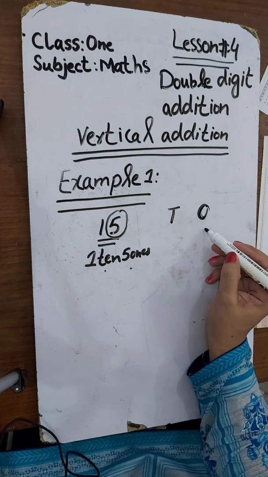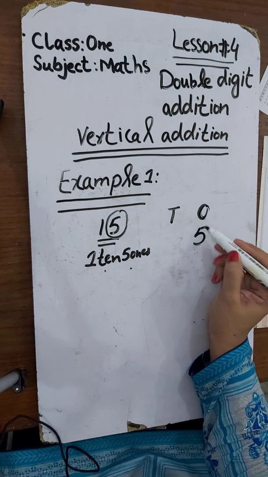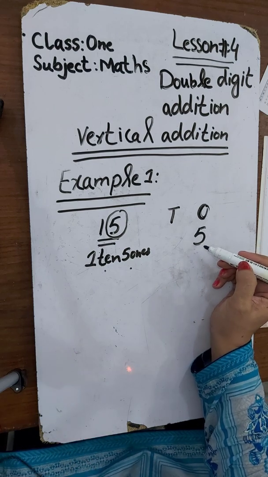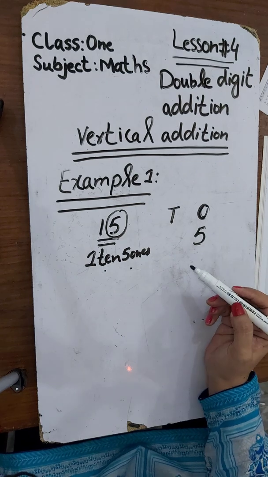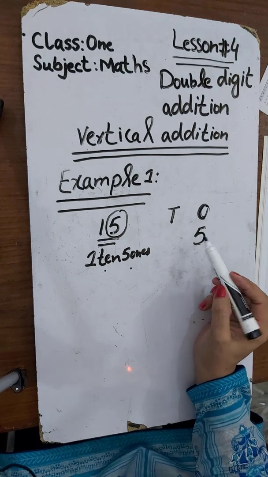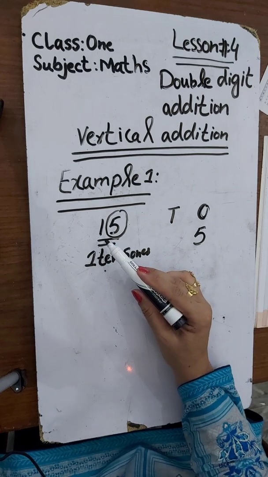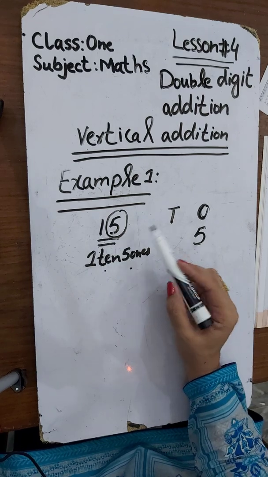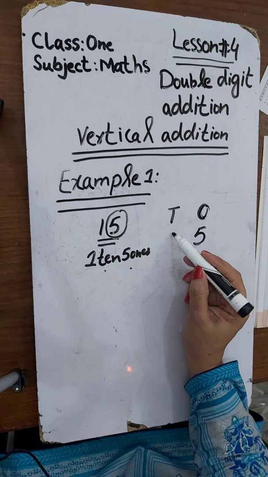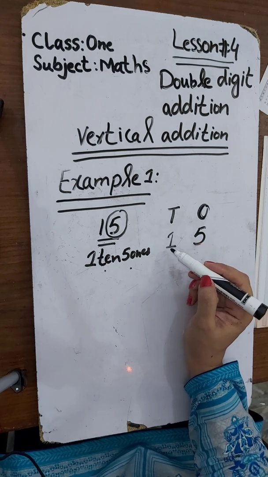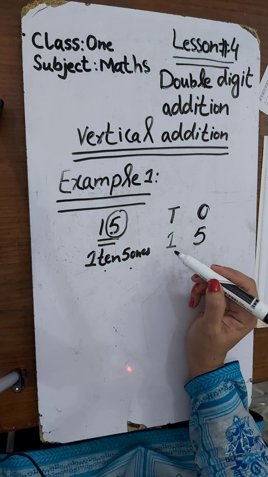Yes, you will write it in the ones column, because 5 is a single digit. And where will you write the 1? Yes, 1 ten goes in the tens column.